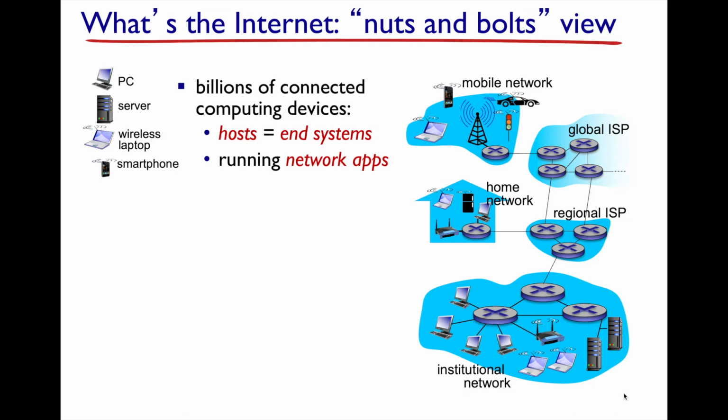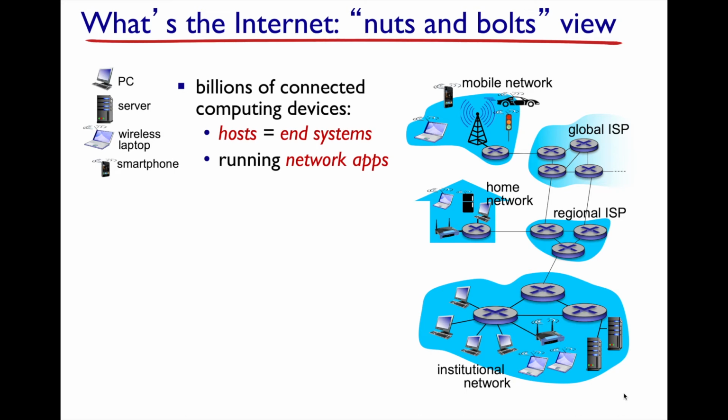And these hosts are running applications. These are special applications because they don't just exist in one place. Part of the application runs in the end system on this side of the network, and the other part runs on a computer, maybe in a data center, on the other side of the network.